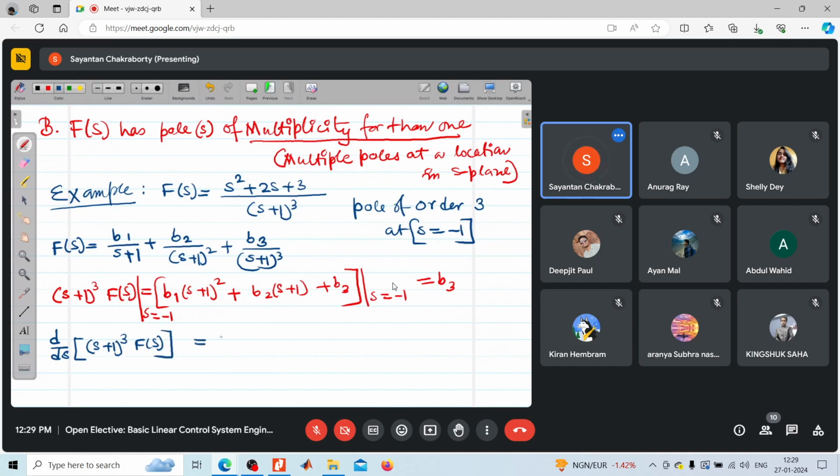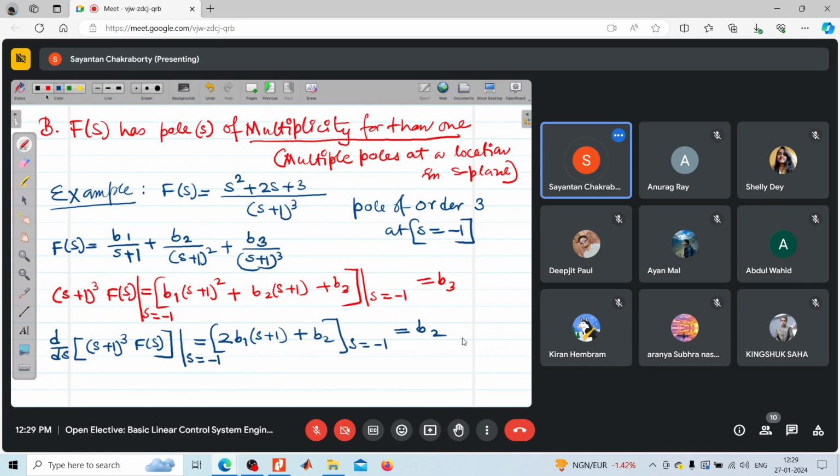What it will look like: b2 plus 2 b1 into s plus 1. Agreed? Now you calculate the same at s equal to minus 1. What you'll get is b2.